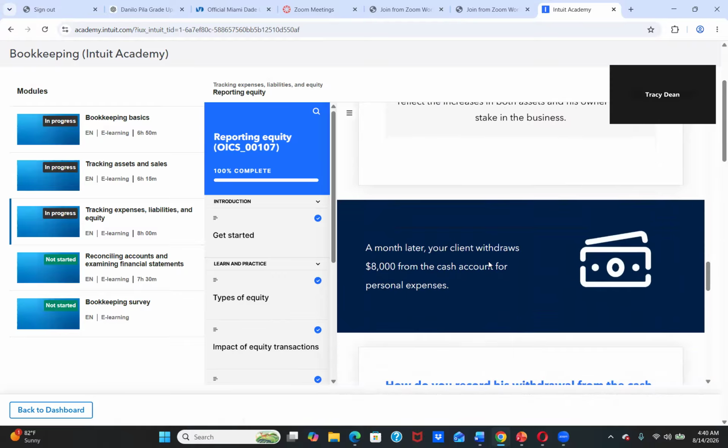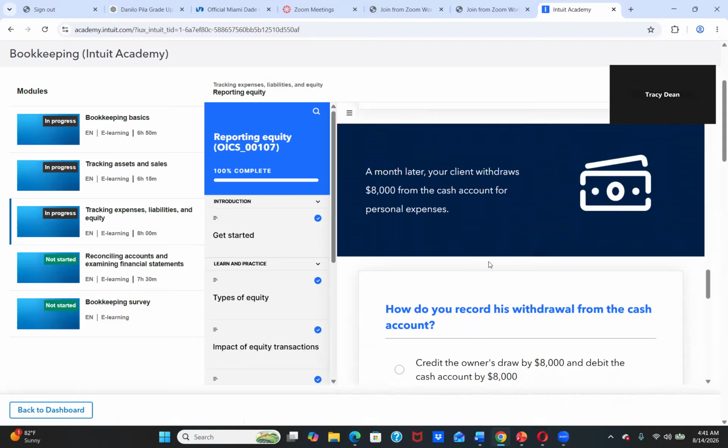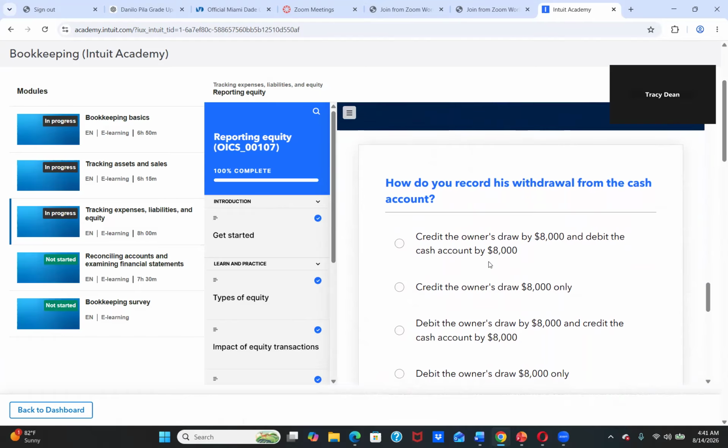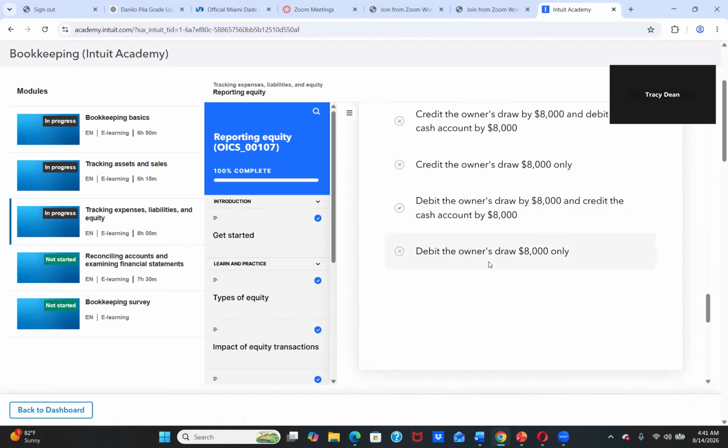Now, a month later, your client withdraws $8,000 from the cash account for personal expenses. How would you record the withdrawal from the cash account? So I would debit the owner's draw and credit the cash account.